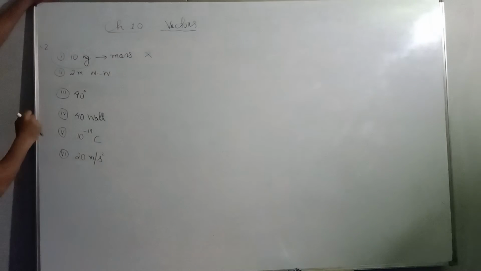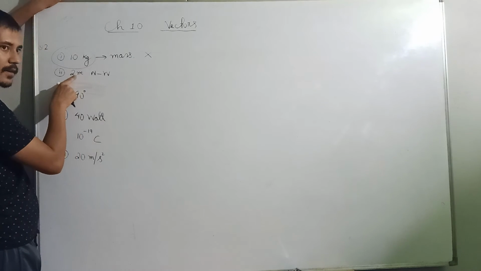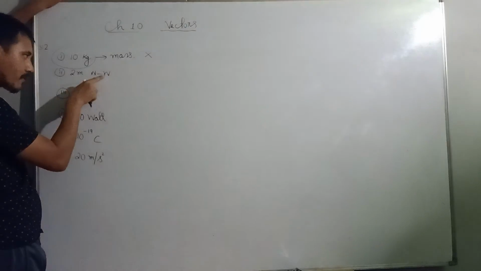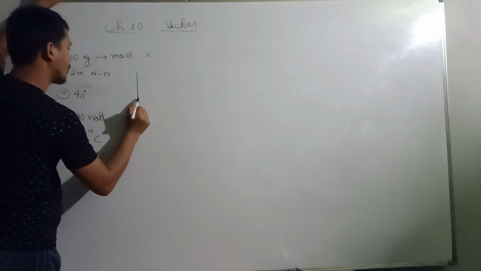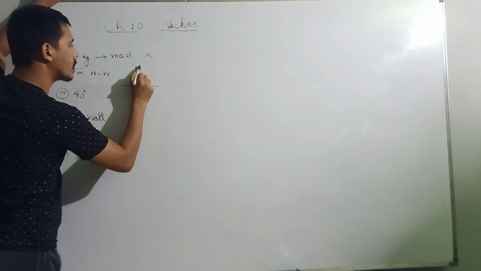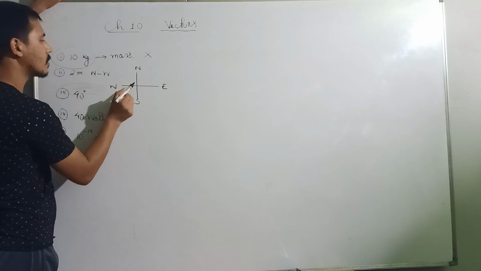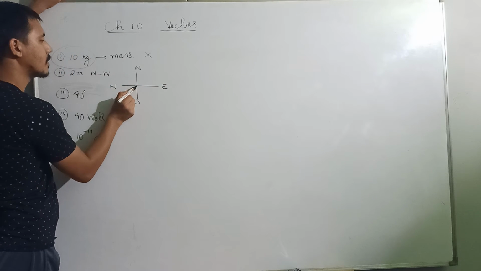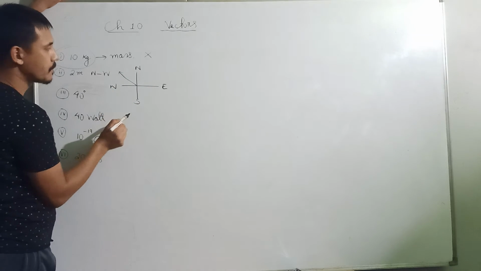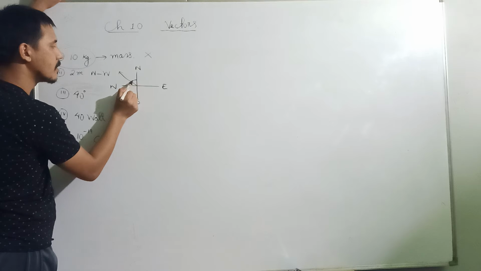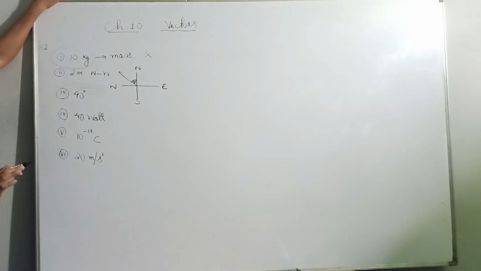2 meter northwest means, what does that mean? So this is your north, south, east, west. 2 meter northwest means you are going in the northwest direction, 45 degree towards west from north.